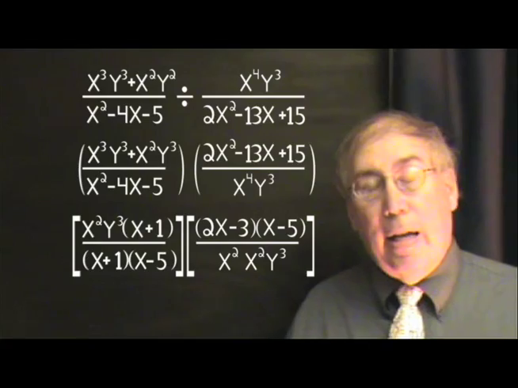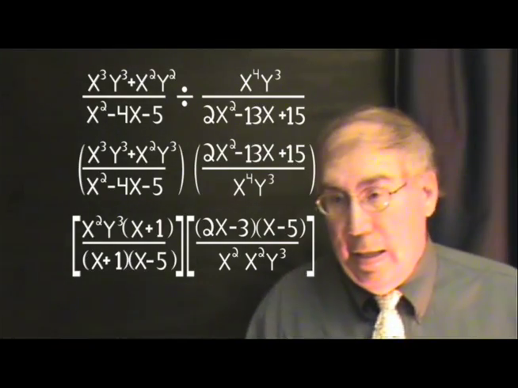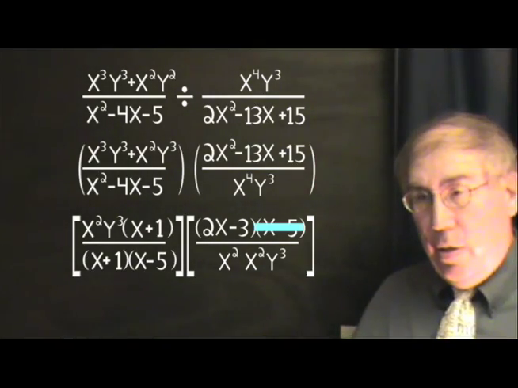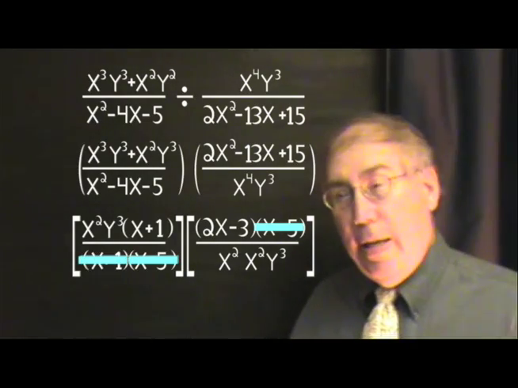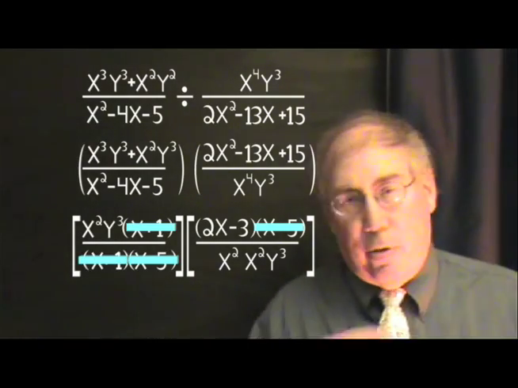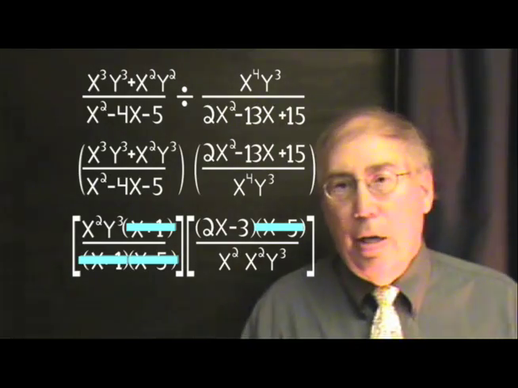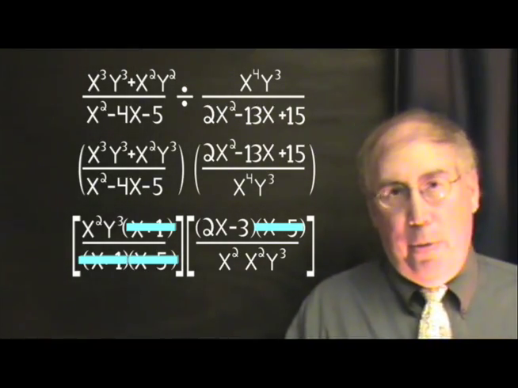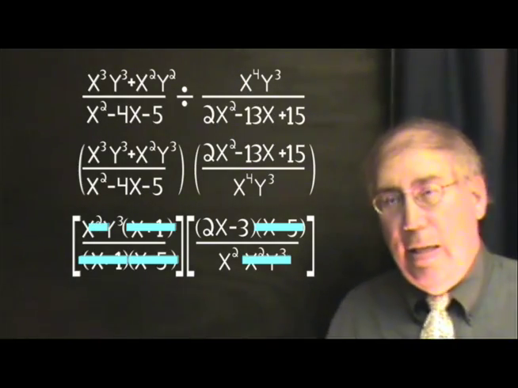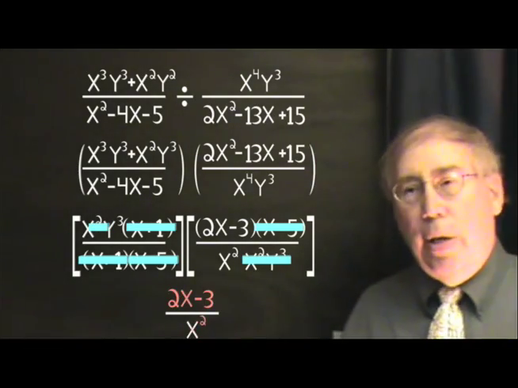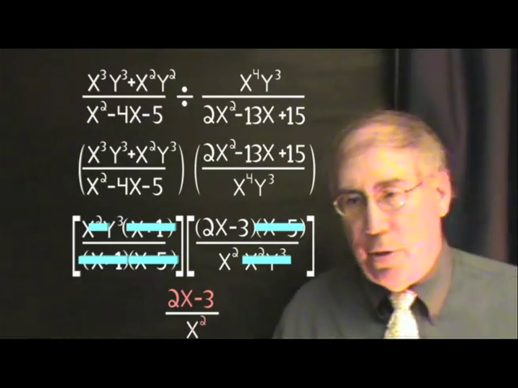So we could go ahead and cross those out. And then notice that we have an x plus 1 in a numerator and an x plus 1 in a denominator. Cross those out. And there's also an x squared y cubed in a numerator and denominator, and you can cross those out as well. And then you're left with 2x minus 3 over x squared as your answer.